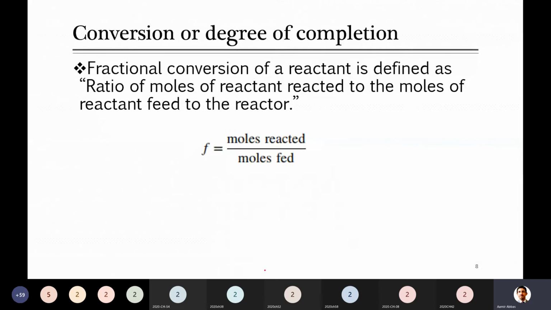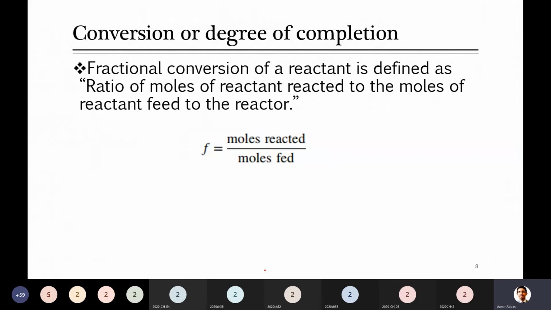When we say fractional conversion, what does this mean? This means that this reactant is not completely consumed. So fractional conversion of a reactant is defined simply as moles of something reacted to the moles of something fed to the reactor.